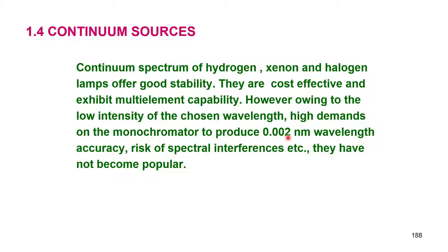It should produce an accuracy of 0.002 nanometer in wavelength, and there will always be a risk of spectral interferences. These lamps had not become popular, but nowadays the technical problems of xenon lamps have been overcome and such instruments are available in the market.